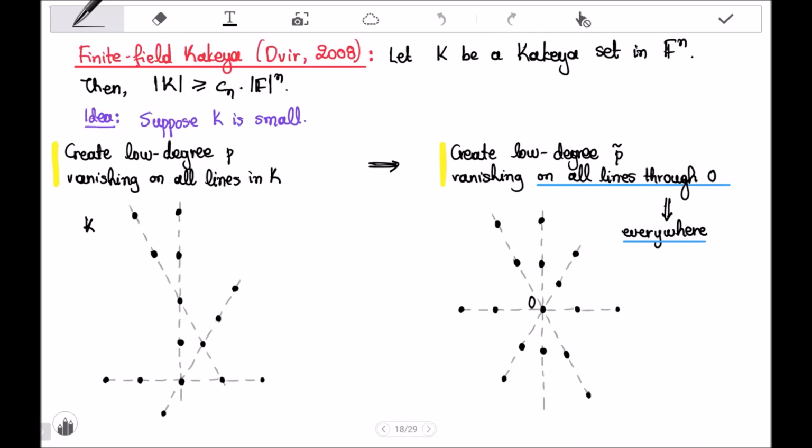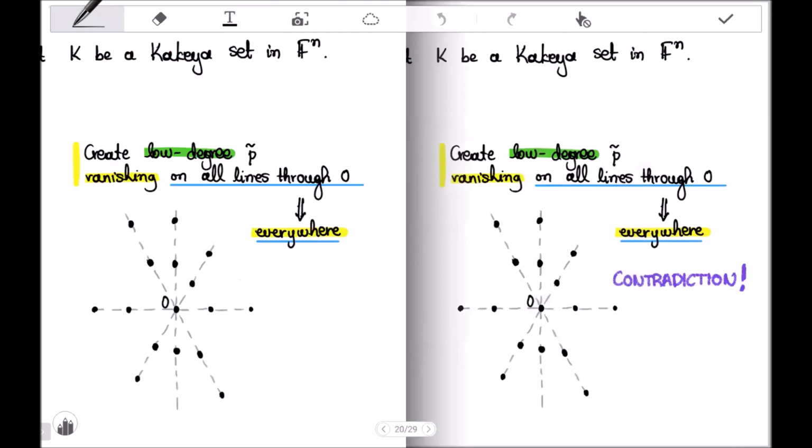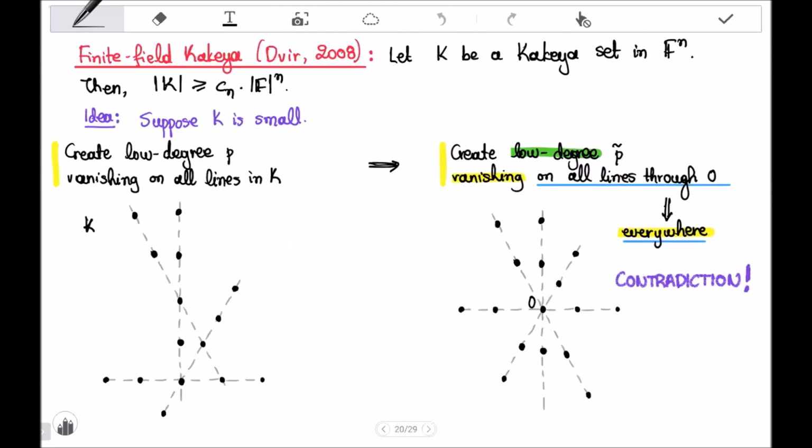And that we know, for example, can't happen in one dimension. A polynomial of one variable cannot vanish more times than its degree. And in general, we will get a contradiction as well for the general case in n dimensions. Low degree and vanishing everywhere are not compatible. And that's where the contradiction comes from, to the original assumption that K was small.